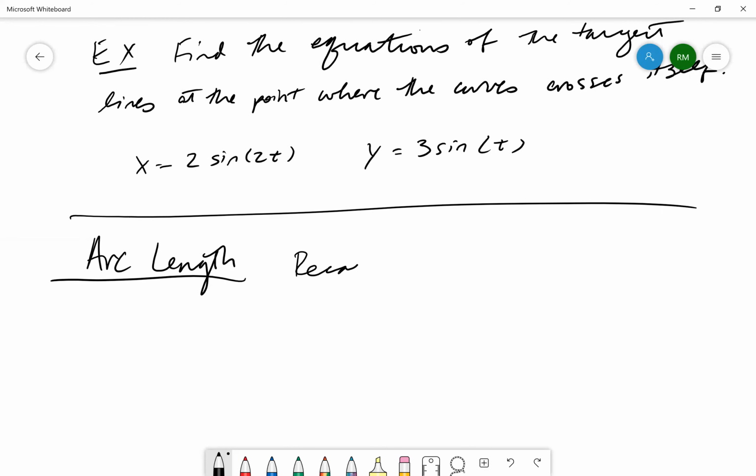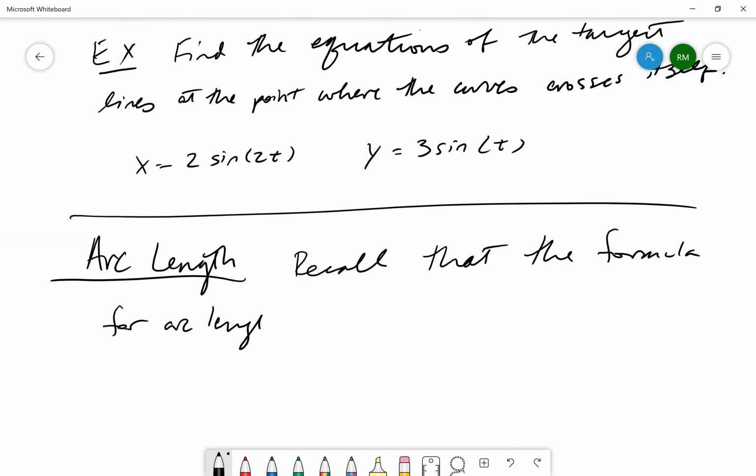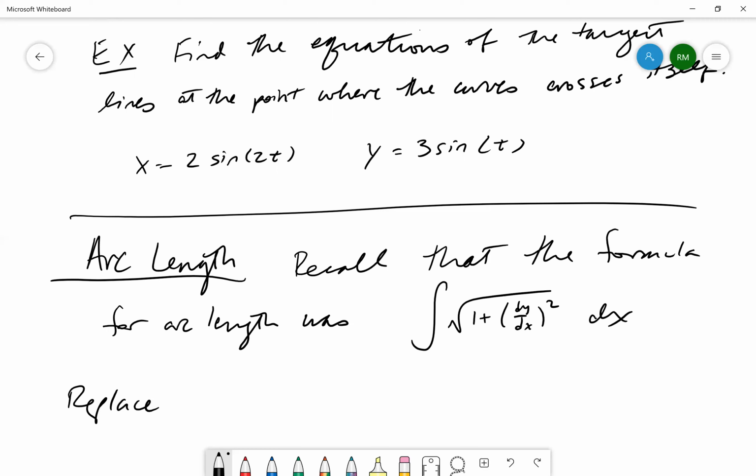So recall that the formula for arc length from the very beginning of the semester was the integral of this expression right here. So we're going to replace dy/dx by (dy/dt)/(dx/dt).